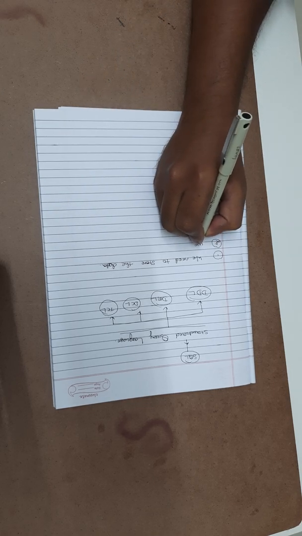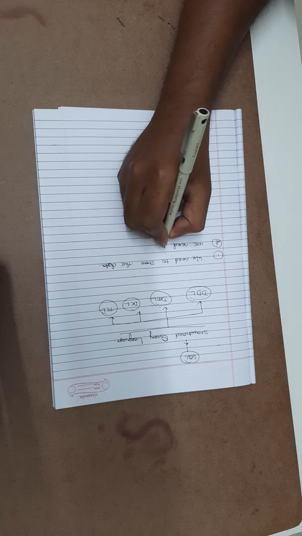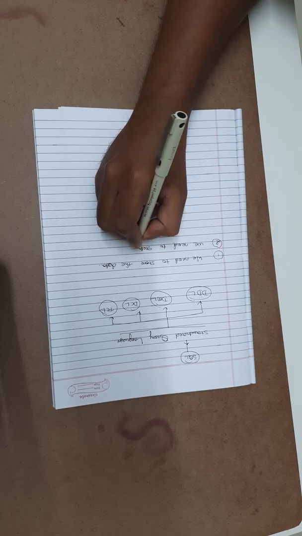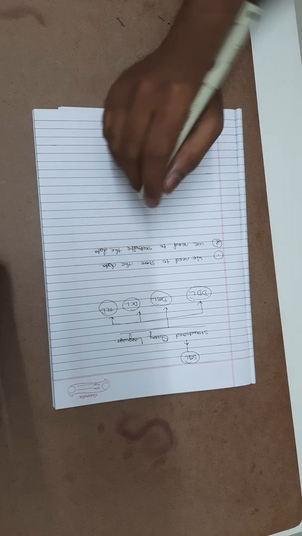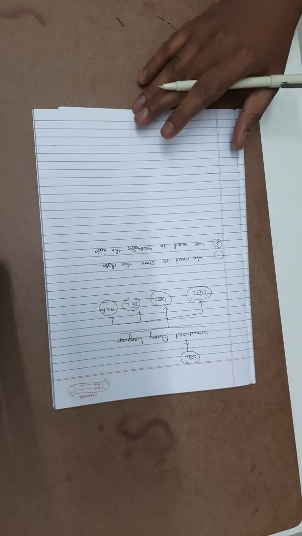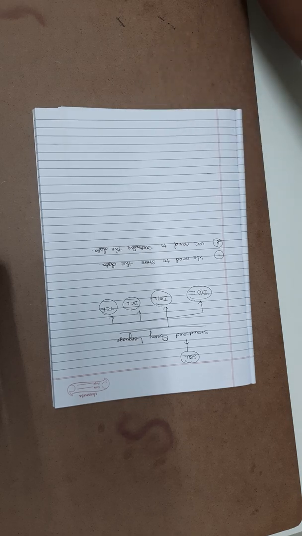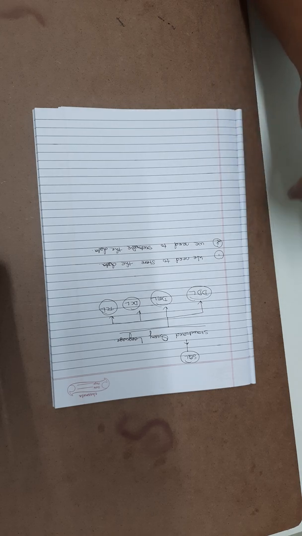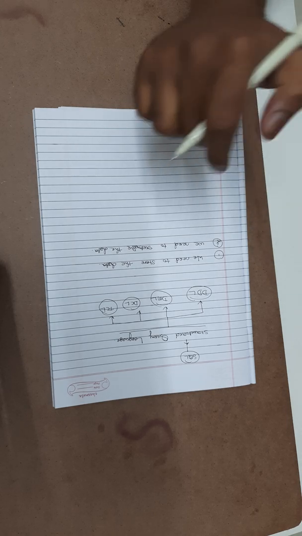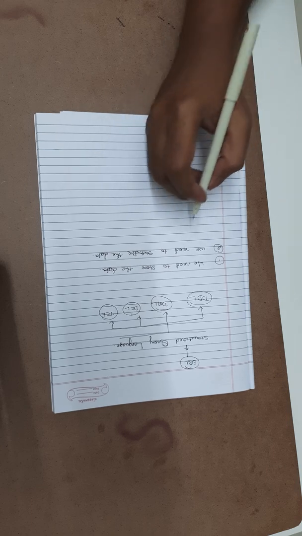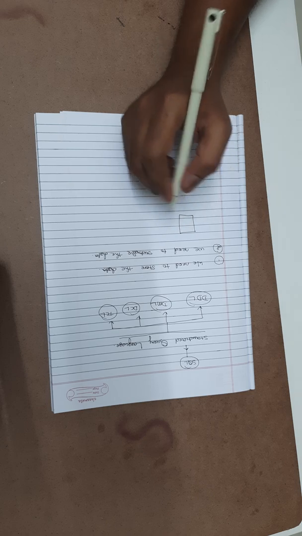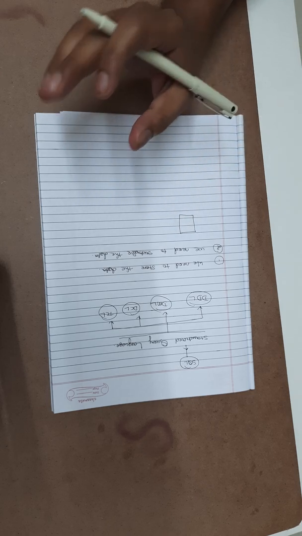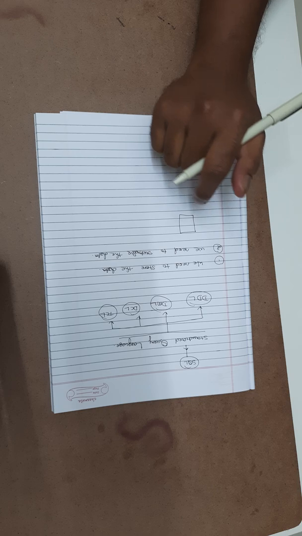We need to retrieve the data. These two are our main goals. So we need to store our data and retrieve our data, right? Everything is good till now. If you think about it, the hard disk has so many memory locations, but we need some memory locations for our data.